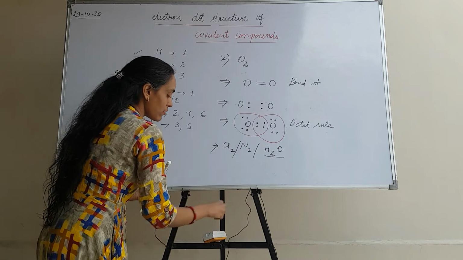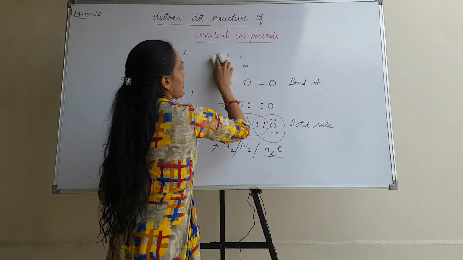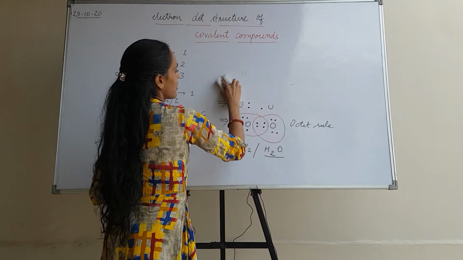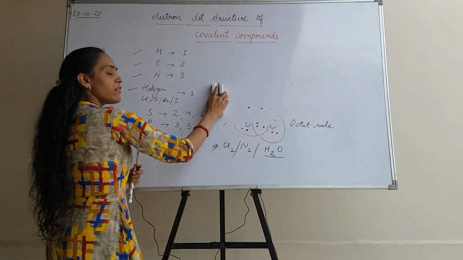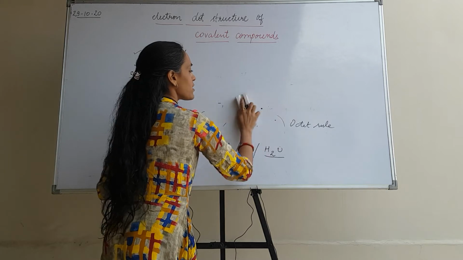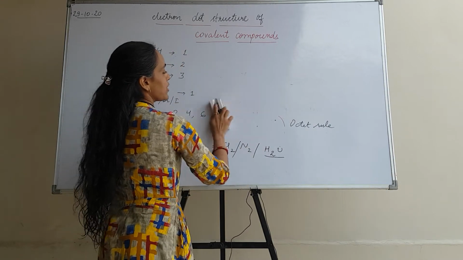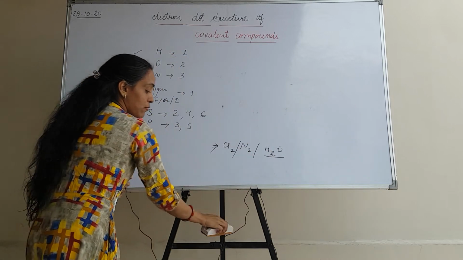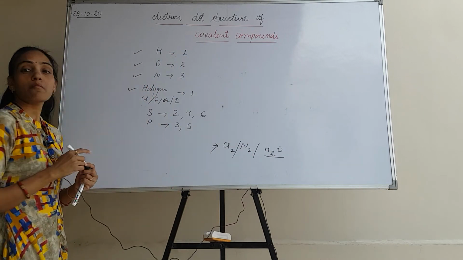So what is to be done for this? One example I am explaining to you. The same method will be applicable always. Whichever example you take, the same method will be applicable. And you will take hardly a few minutes in the exam to draw it. It is very important from the exam point of view.